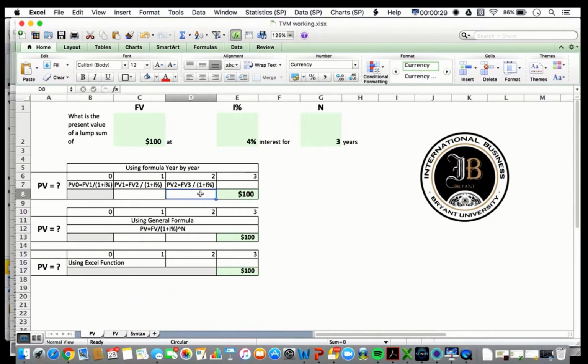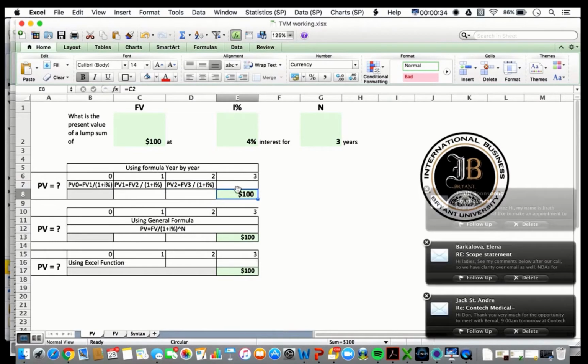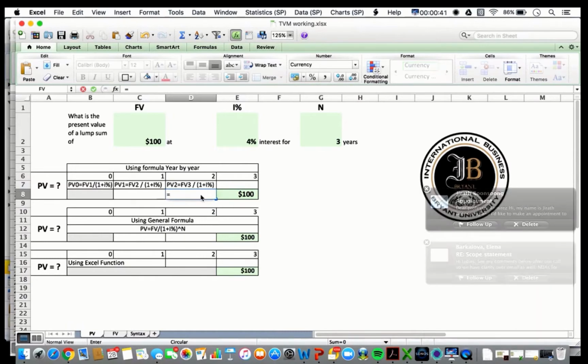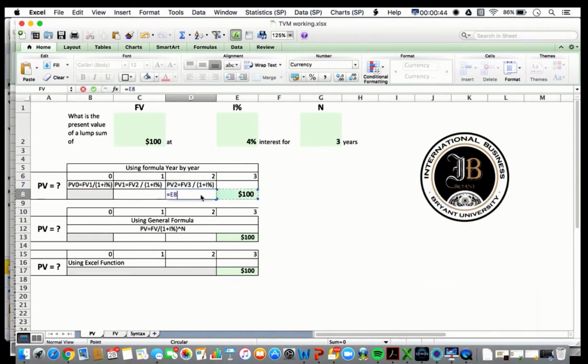So if these $100 are expressed in year 3, we could find out how much is that going to be worth in year 2. How do we do that? By taking the $100, dividing it over 1 plus the interest rate. We're doing this year by year, so there's no change here. We can do this again. This $96 here, how much are they worth the year before?